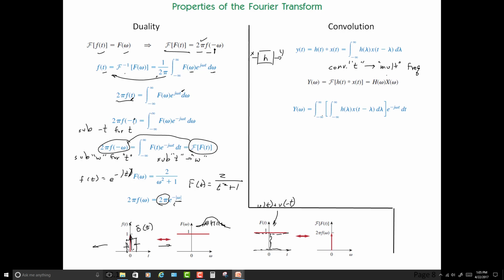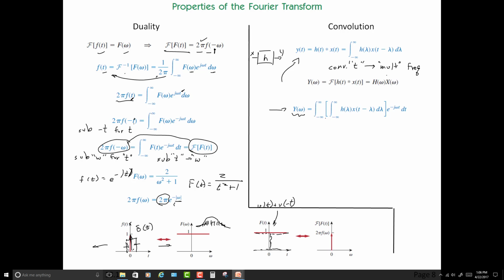If we look in the frequency domain, we take the transform of both sides of this. So here's the left side, just simply stated. And the right side is now, this is the definition of the transform.